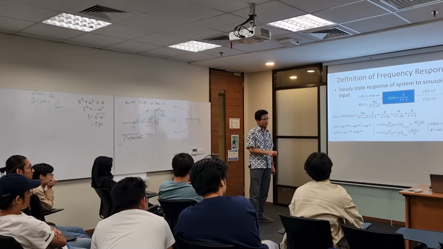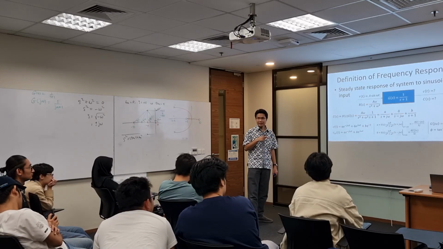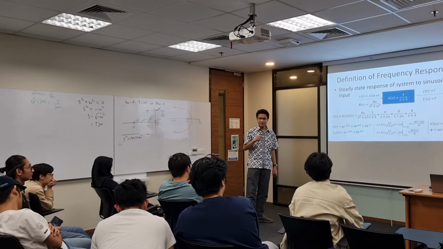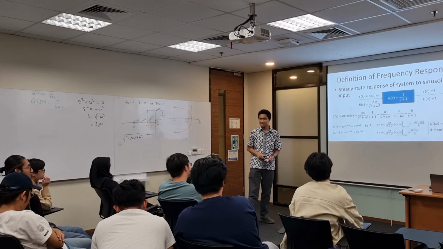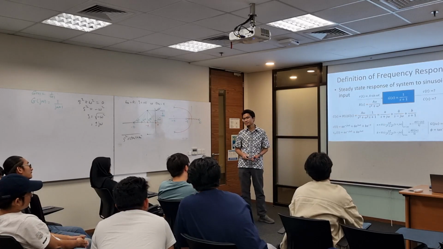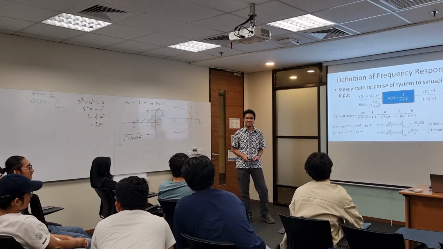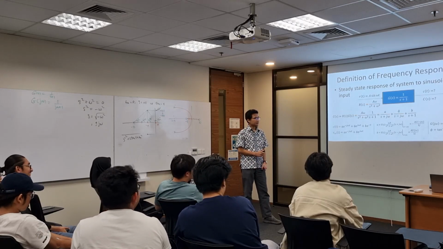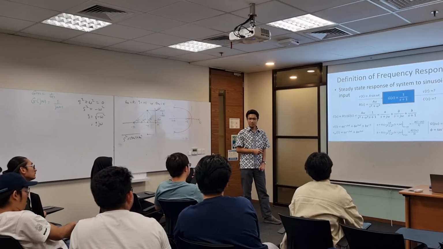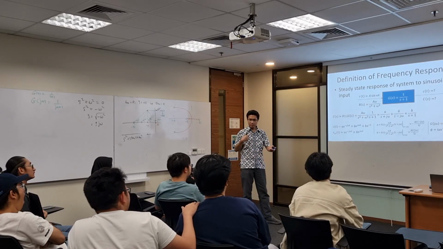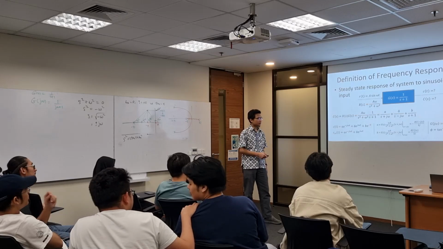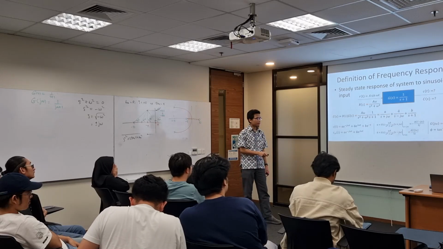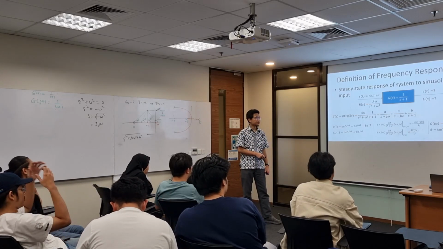And the unit factor has the angle phi, not pi, phi. How do you get the phi? You get the angle of the transfer function: tan inverse of the imaginary part divided by the real part of it.